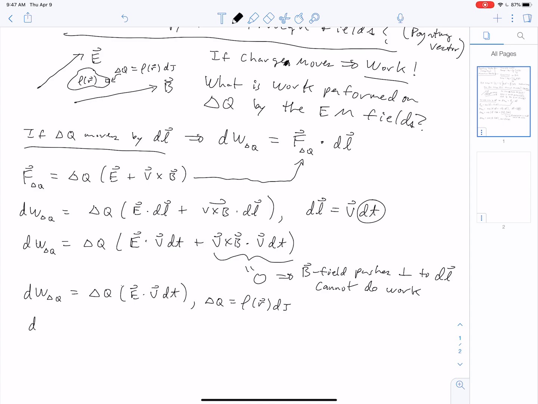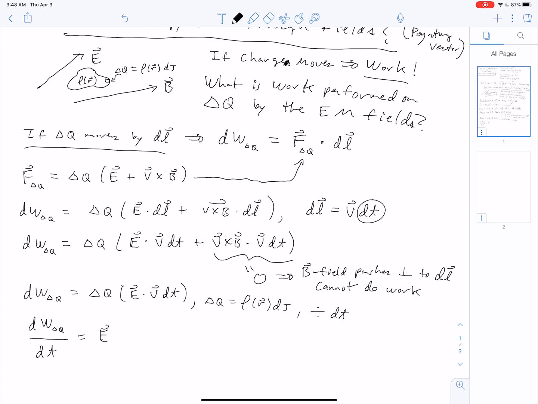And so I can then think of this as the work done on that charge, and while we're at it, we might as well divide both sides by the time, dt. And so now I can think of the work done on the charge per time as equal to this, E, and the dq, I'm going to write it like this.